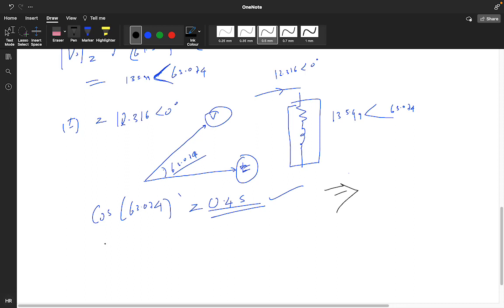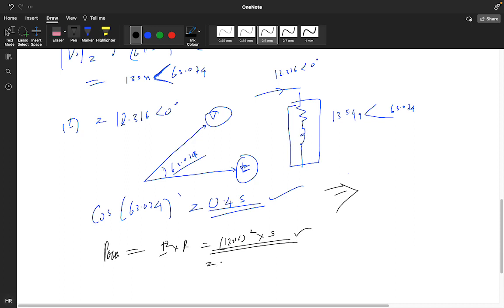So power will be how much? Useful power is I square into R. So I value is 12.316, the whole square, into 5. So this will be the useful power.